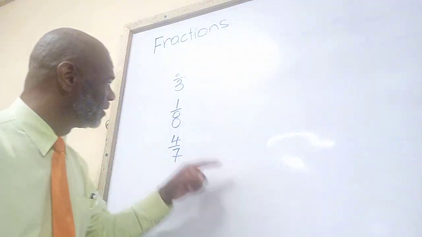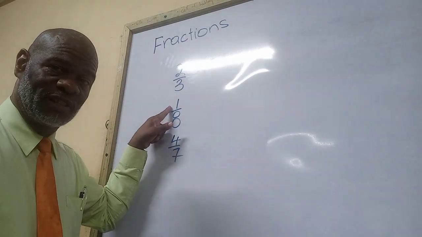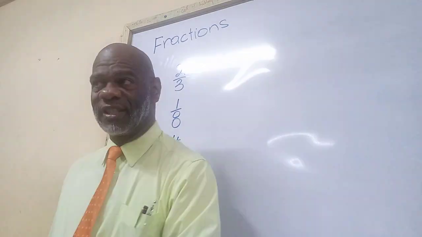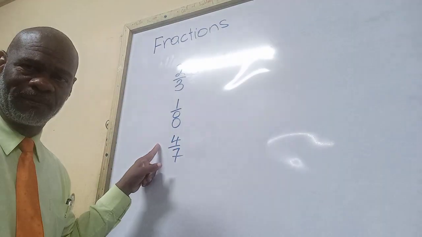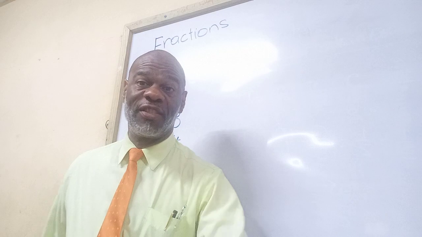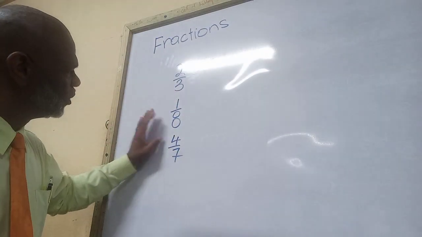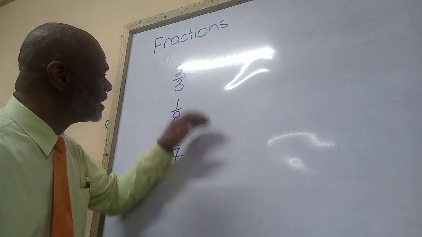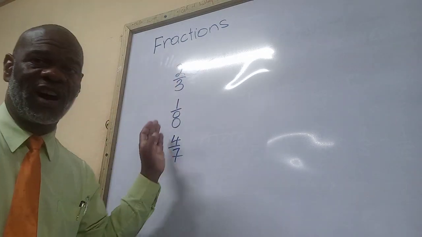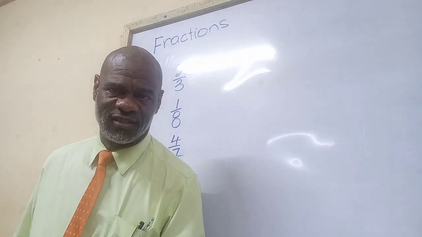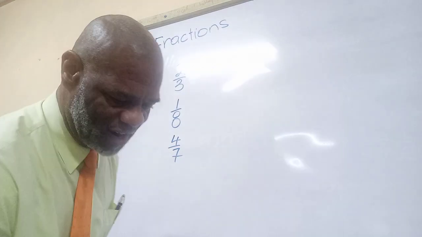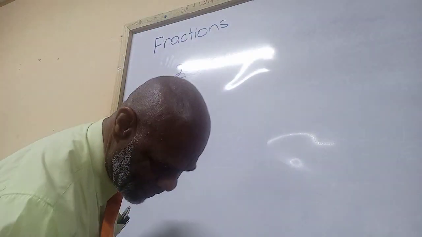Same thing for this one, and same thing for this one again. Good? Awesome. So, we say these fractions are proper fractions. Right? We say they are proper fractions. Alright.